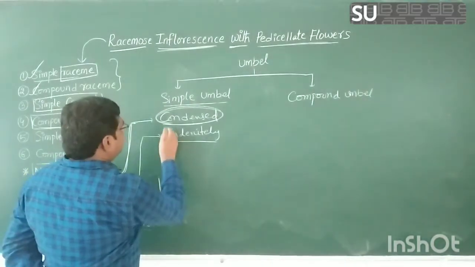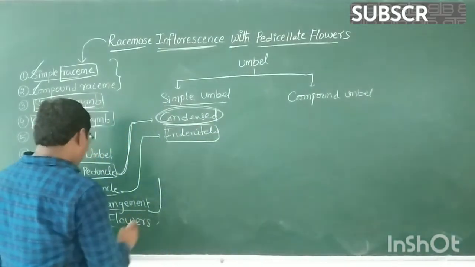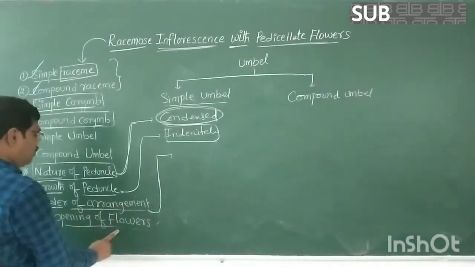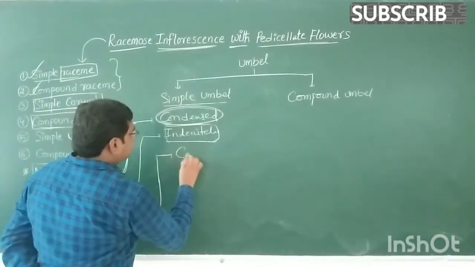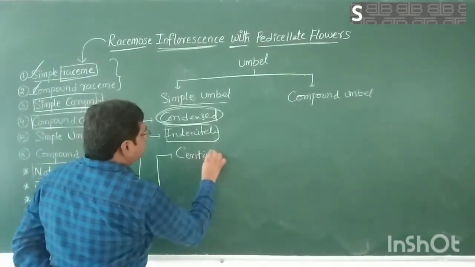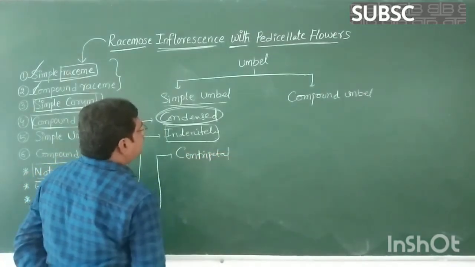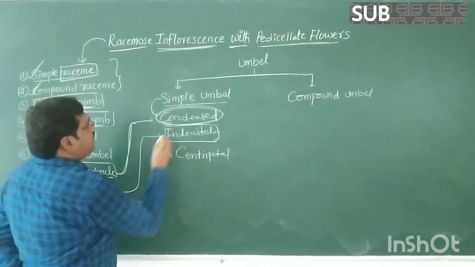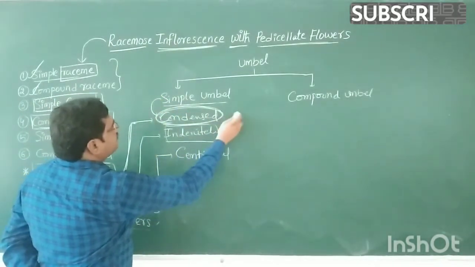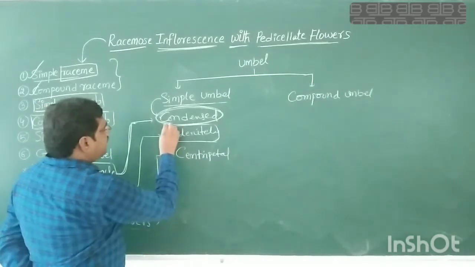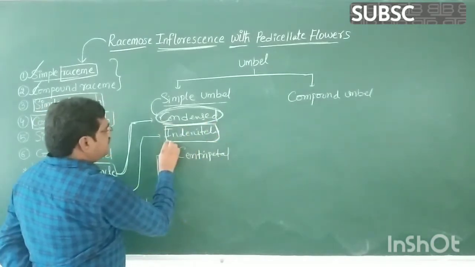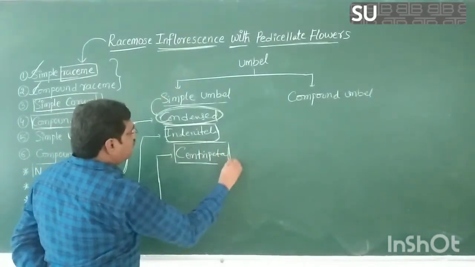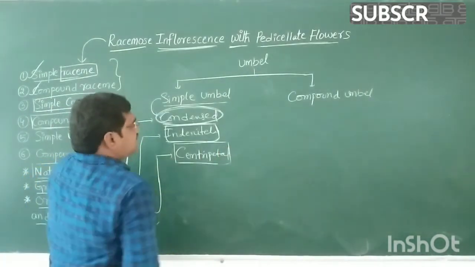That is called indefinite. And the order of arrangement and opening of flowers is called centripetal condition. In a simple umbel, the peduncle is condensed to form the discoid shape. It can grow continuously, that is indefinitely, and the arrangement and opening of flowers are called centripetal.